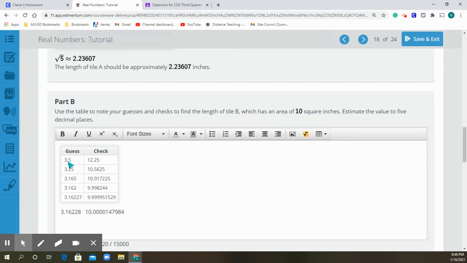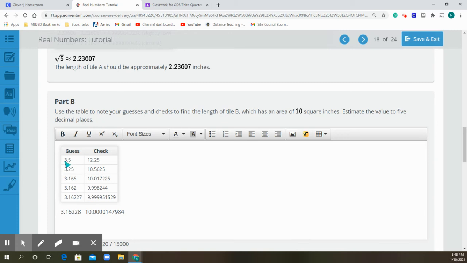I guessed, since I know that 3 times 3 is 9, which is too low, maybe 3.5 times 3.5 would be close to 10, but it turned out it was too high. So I brought it down. I half-stepped it. Half of 5 is actually 2.5.